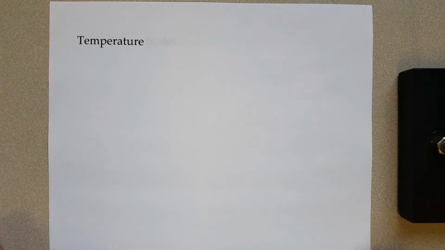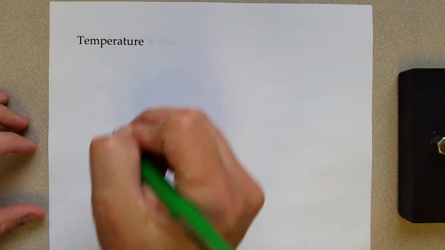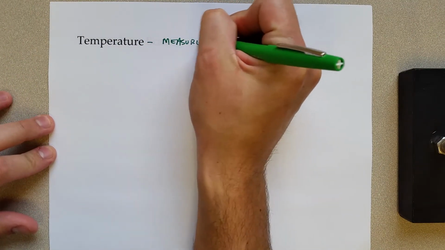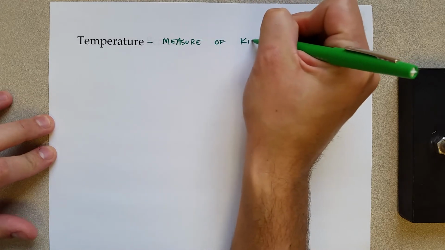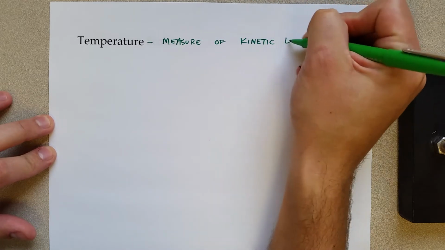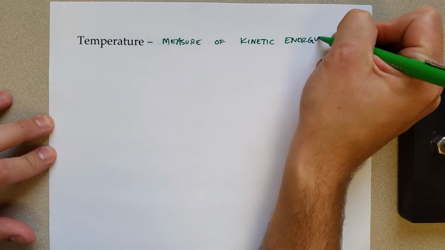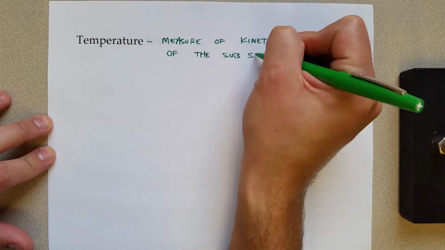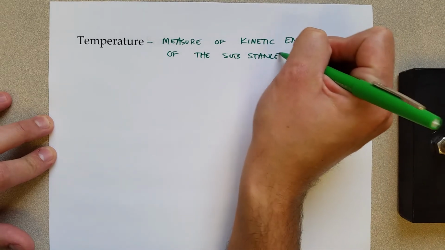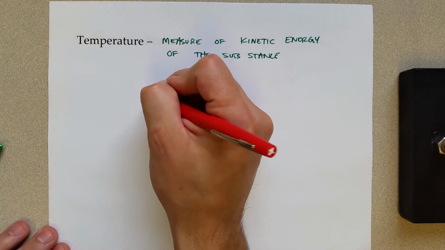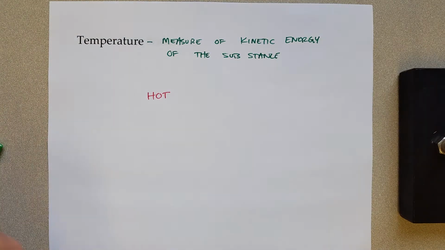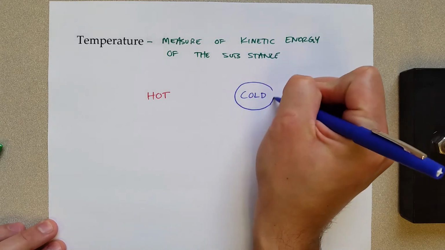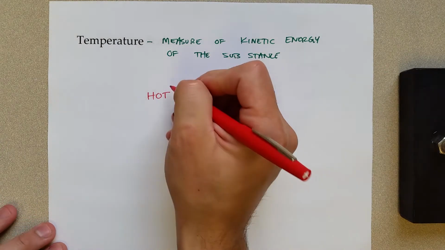All right, when we talk about temperature, really what temperature is a measure of is the kinetic energy of the substance. So when we say something is hot or something is cold, it's always relative to each other.